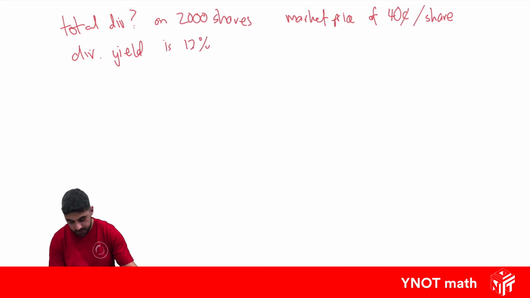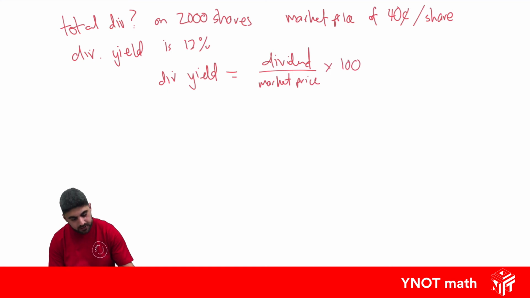So again, we can use our formula where the dividend yield equals the dividend over the market price, times 100. So we know the dividend yield is 12%.